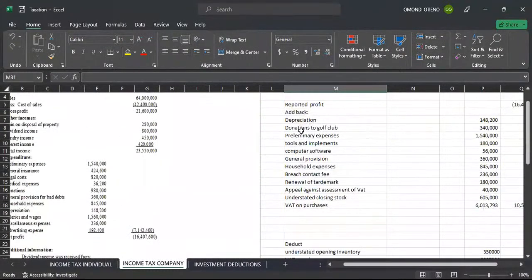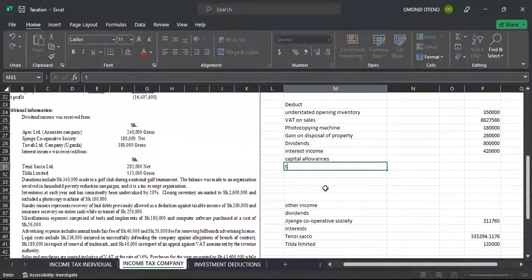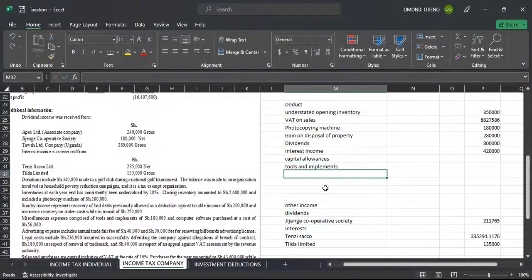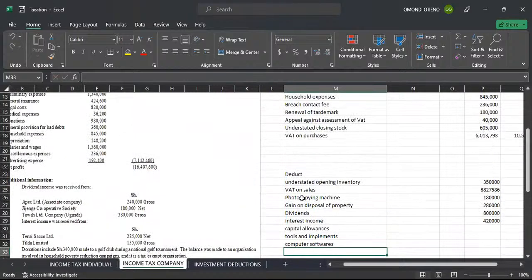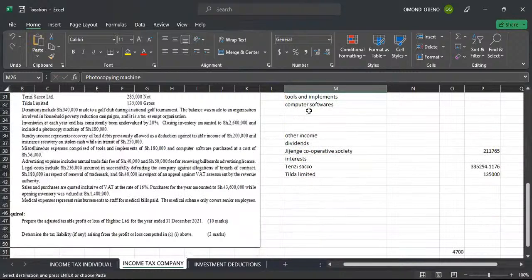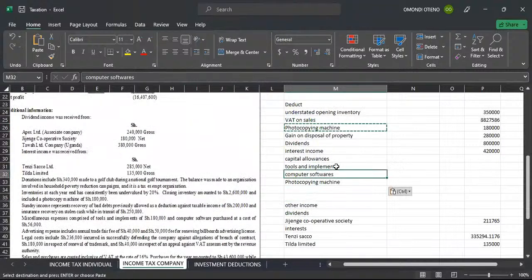If you come to this section here, how many assets did we have? We had tools and implements. We add computer softwares. And then we also have what we deducted due to the way it affected our profit, that is the photocopying machine. The photocopying machine will also be brought to that particular area. So let's put them with their values.